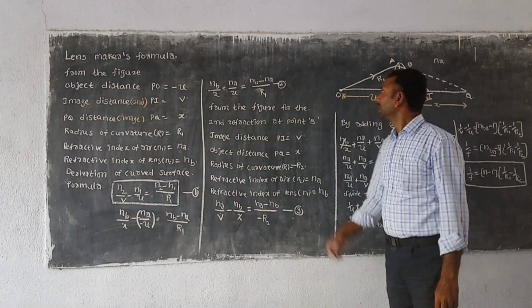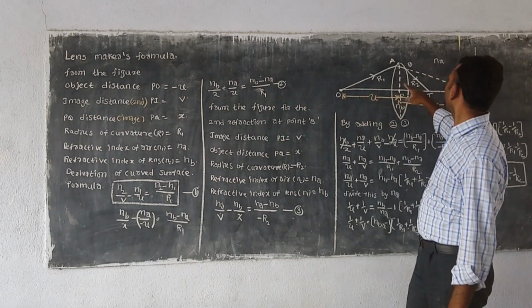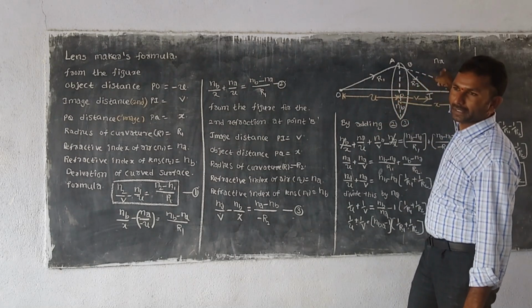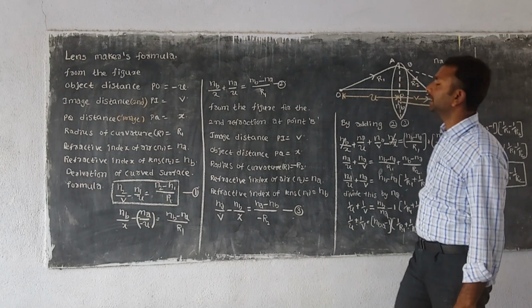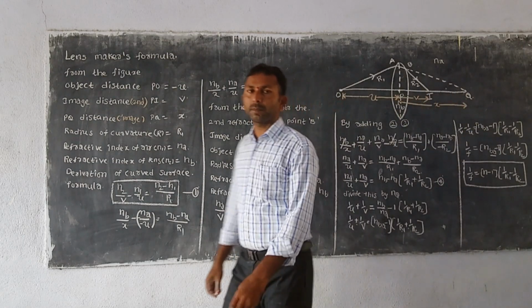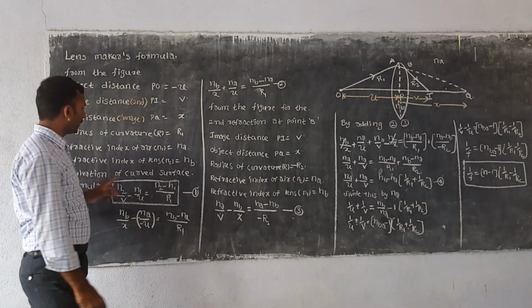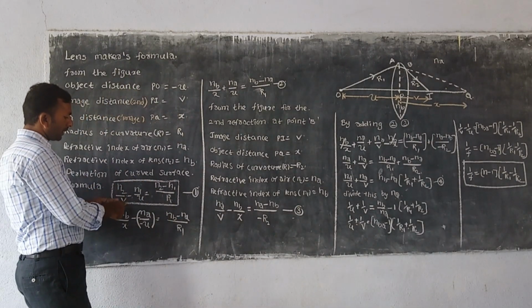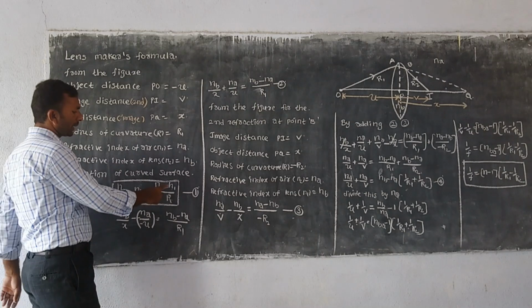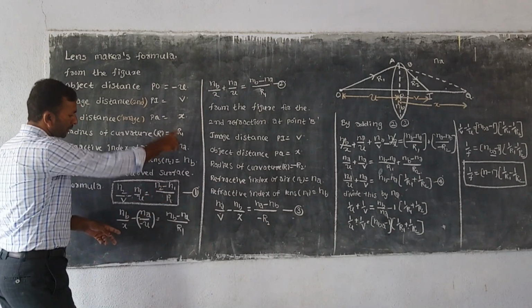The refractive index of air is NA, and the refractive index of the lens is NB. Based on these values we use the formula from the derivation of the spherical surface formula, N2 by V minus N1 by U equals N2 minus N1 by R, and substitute all this in the equation.